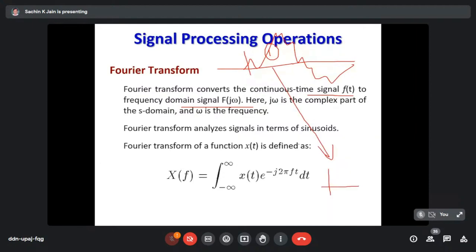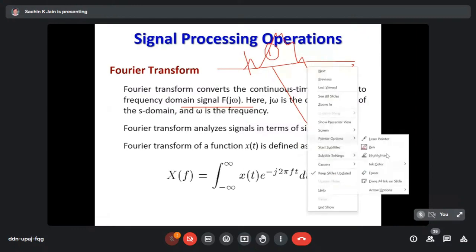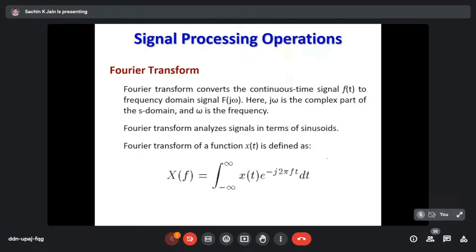So the Fourier transform is a tool to convert a time domain signal into a frequency domain signal, and this is a very useful concept in signal processing and many other branches of engineering and physics also.